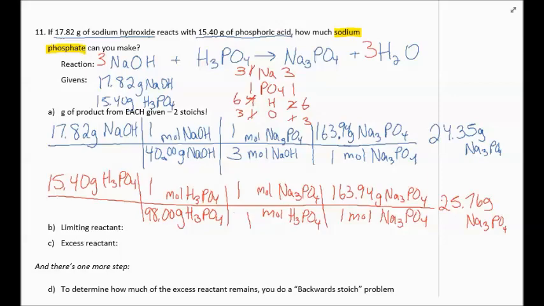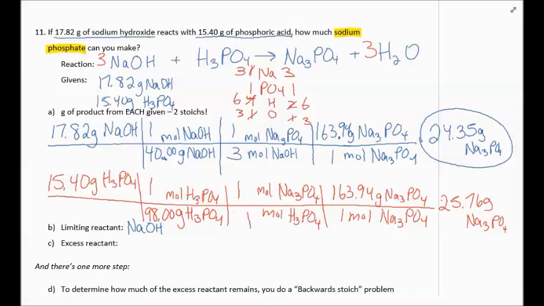This is the part about limiting reactants that's a little bit challenging. So what we're going to do, the reactant that produced the least amount of product, which in this case is the sodium hydroxide, is your limiting reactant. So sodium hydroxide is your limiting reactant. This is the amount that you're going to make.